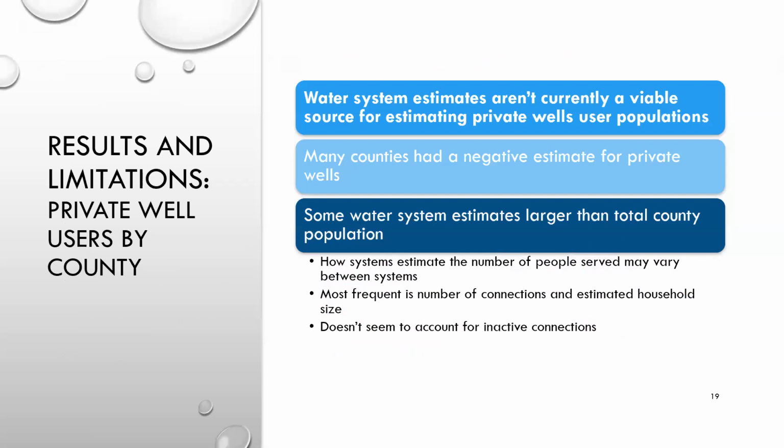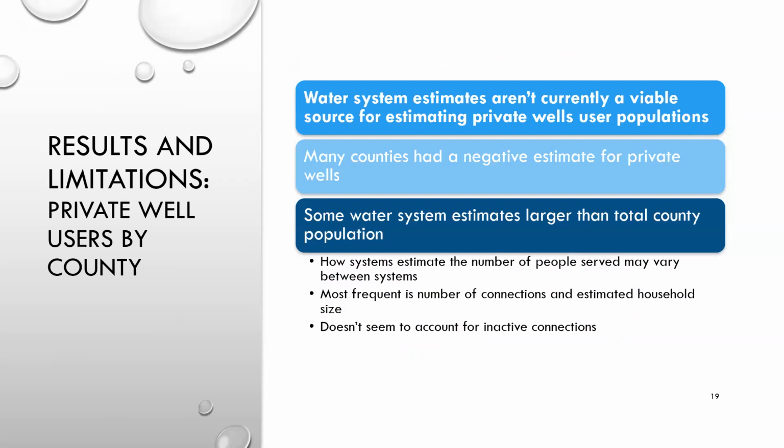So what are the results? Well, it turns out this is not a great method right now in the state, given the data that we currently have available. Many counties had a negative estimate for private wells. And this is because some water system estimates were larger than the overall county total population.